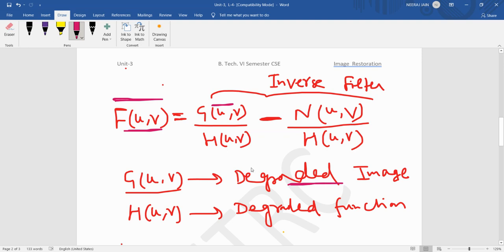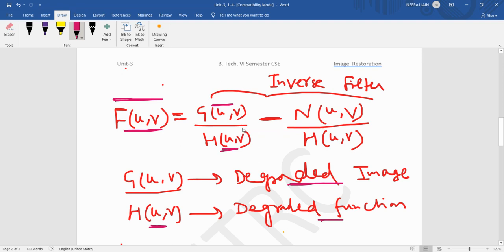We also estimate H(u,v), that is the degradation function, which can be achieved with several methods like direct observation, experimentation, and mathematical modeling.